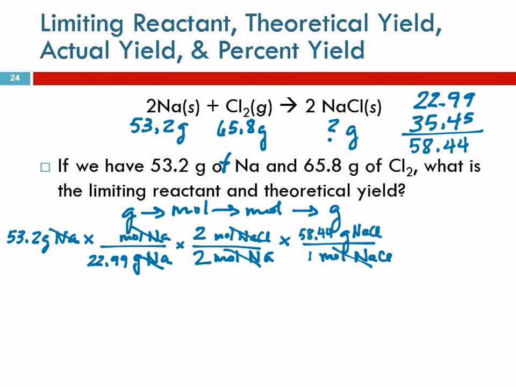Now we get out our calculator. 53.2 divided by 22.99 times 2 divided by 2 times 58.44. 135.23 grams of sodium chloride.